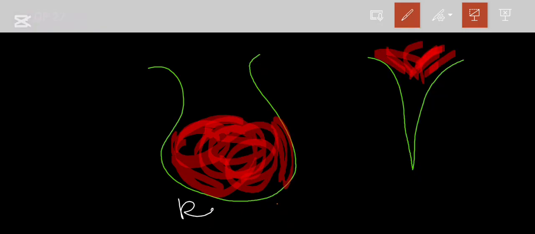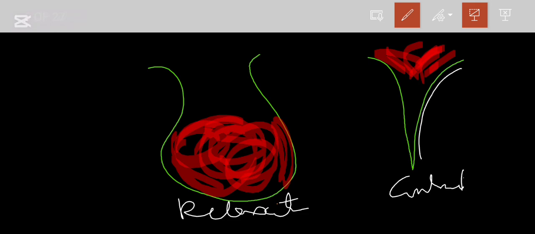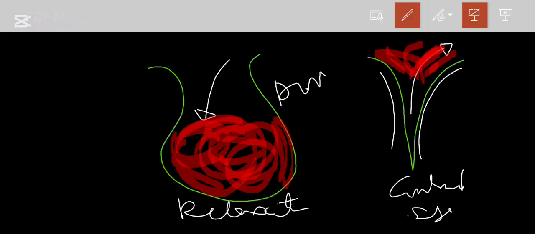Relaxation allows the ventricles to receive blood, and then contraction comes in, because once these muscles contract, they push blood out. Relaxation allows blood to come in. That's what we mean: relaxation is diastole and contraction is systole.